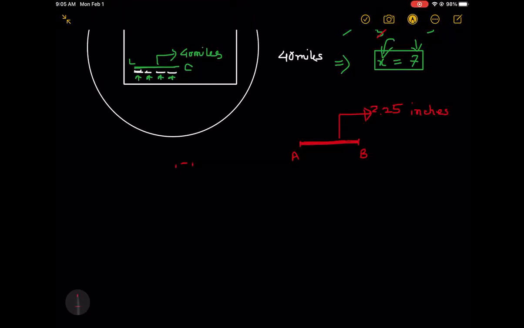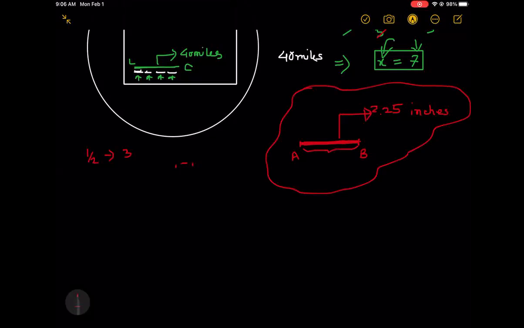So let's say that's the map, and those are 2 cities, 2.25 inches apart from each other on this particular map. And half an inch means 3 miles. So the question is, what's the actual distance between these 2 cities?